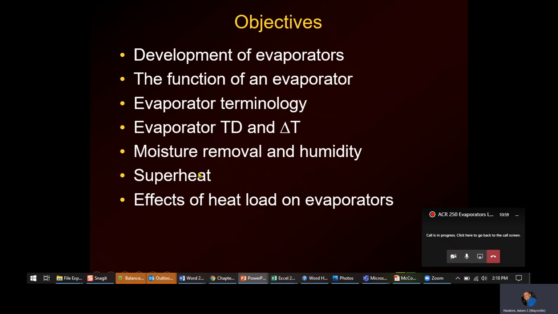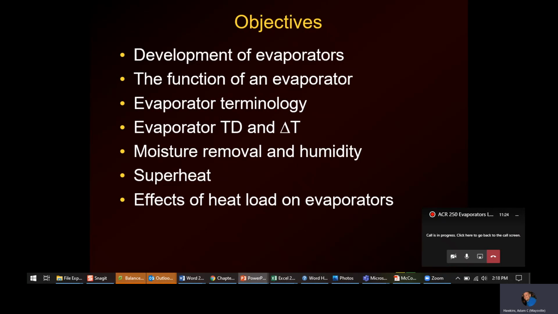Superheat. Hopefully you understand what superheat is and how we measure it. You measure superheat by sticking a thermometer, some sort of temperature probe, to the suction line, and then measuring your saturation temps with your gauges. Subtracting those two, you take your suction line temp and your saturation temp.